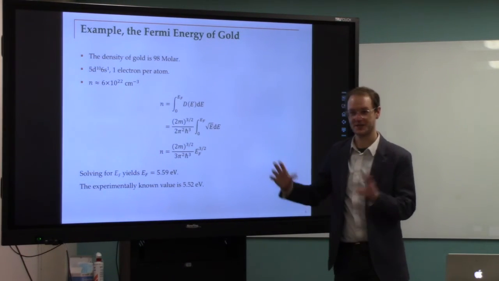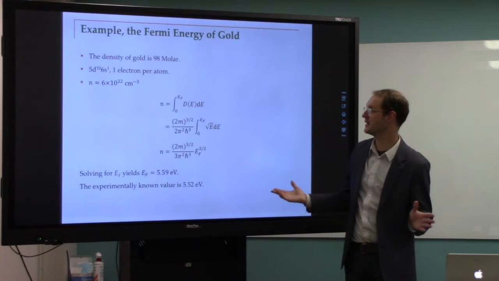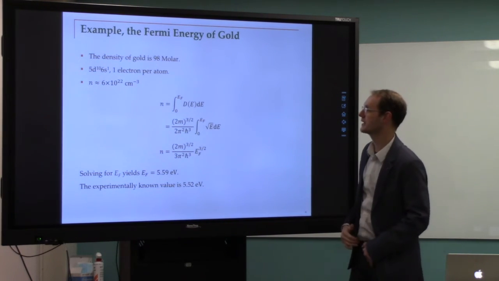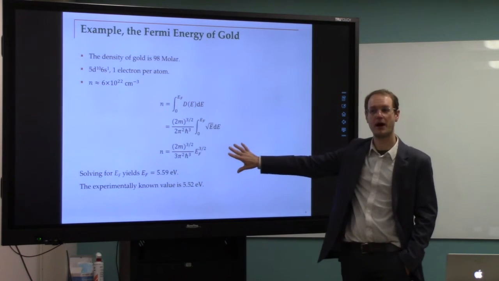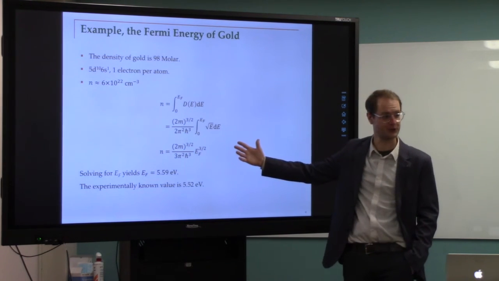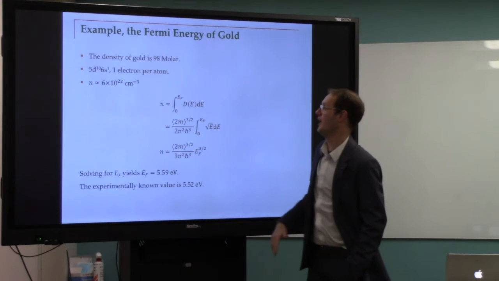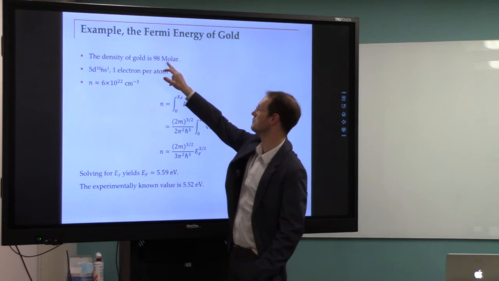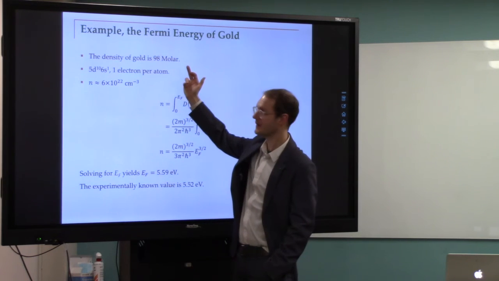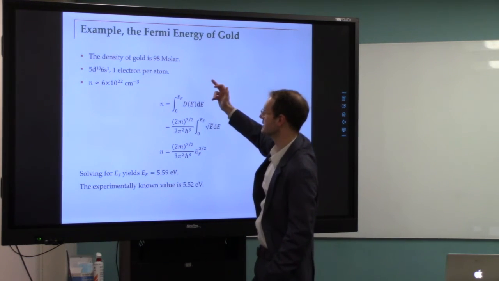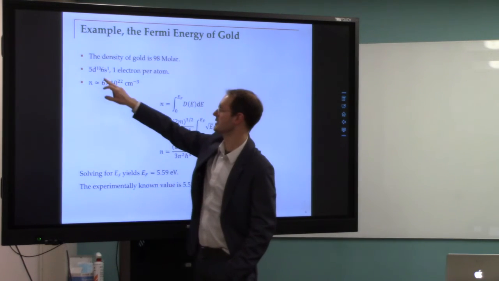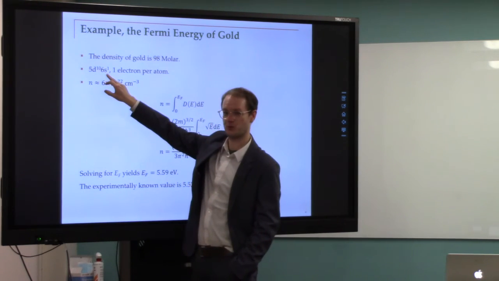As an example, we can take a simple metal, such as gold, and calculate, based on this simple model, what the Fermi energy of gold is. Starting with the density of gold, which is about 98 moles per liter. The electronic configuration of the outer shell of a gold atom is 5d10, 6s1.